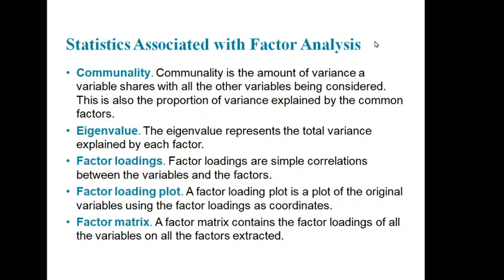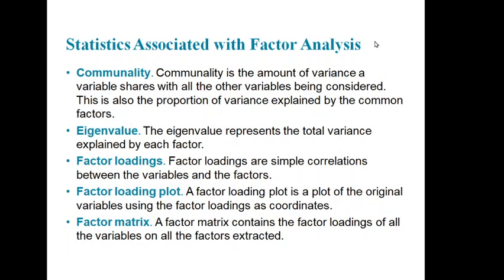Many a times we use eigenvalues to determine how many factors you need to select. Say, as I told earlier, you have a set of 20 variables, and from there you have reduced those into say 5 or 6 factors. And how do you select these 5 or 6 factors? You are selecting using the eigenvalue.